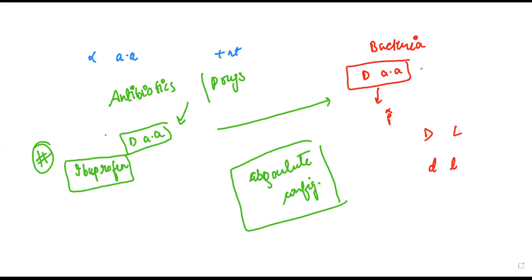Not every bacteria consists of D amino acids. There are some groups of bacteria that consist of D amino acids. So we are targeting those D amino acids by these types of antibiotics. And now Anju is asking, sir, what if bacteria contain opposite forms of amino acids?